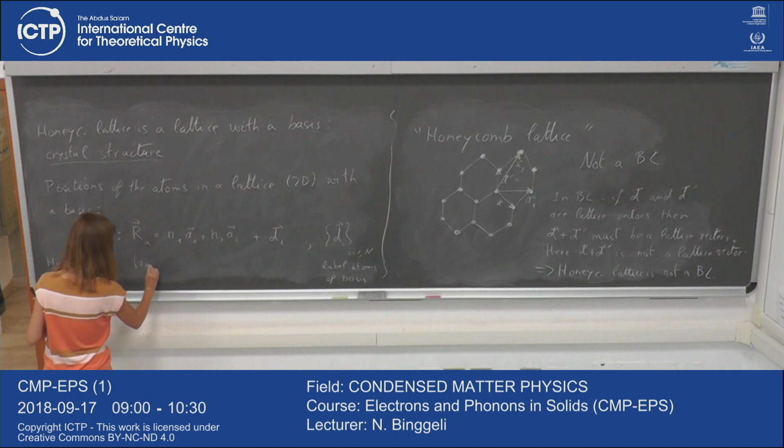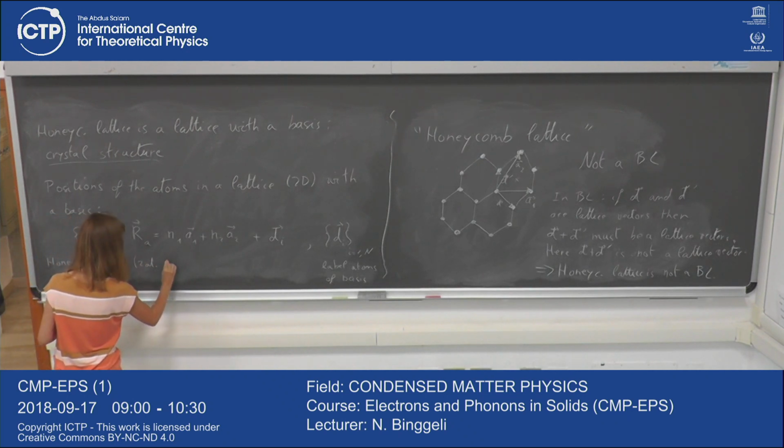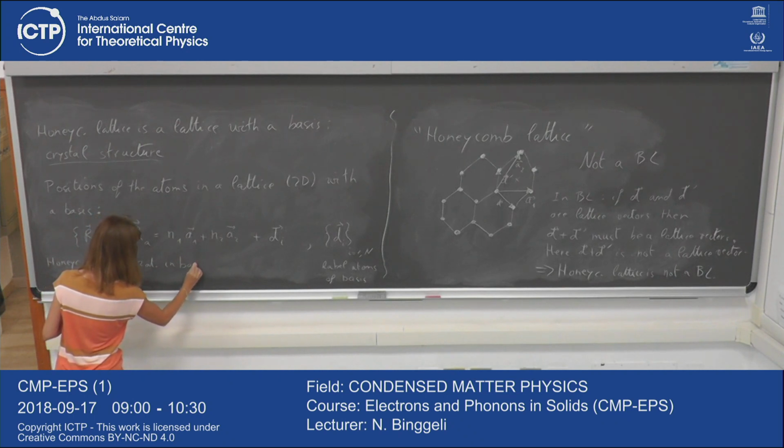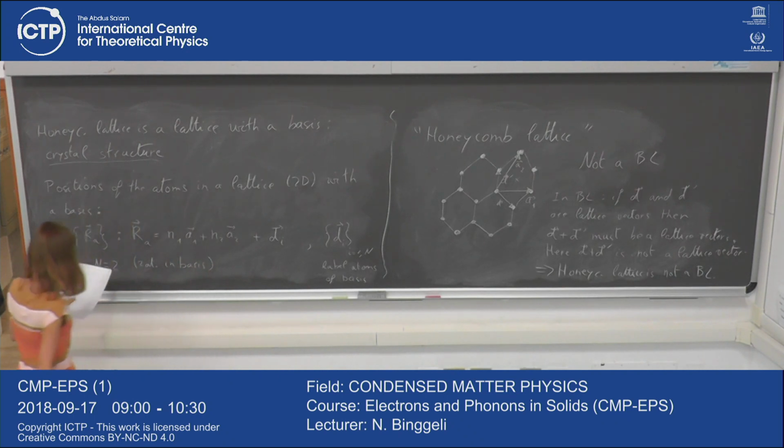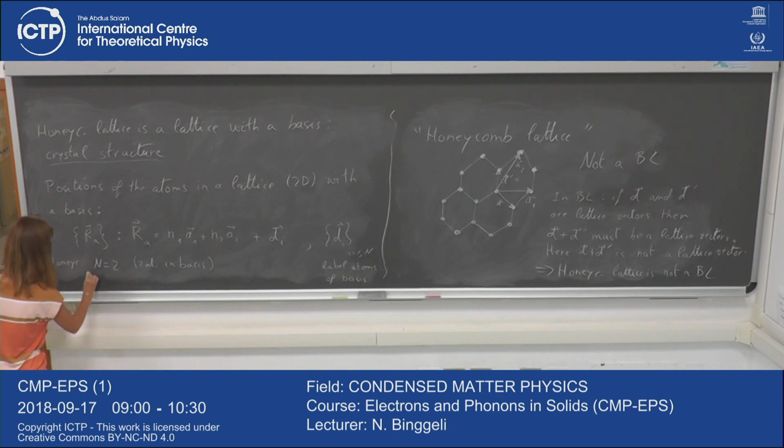So there are 2 atoms in the basis. And these 2 atoms would be given by these 2 vectors.